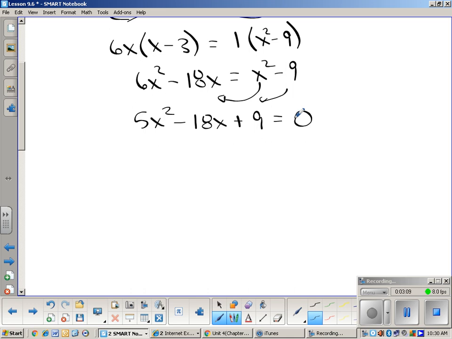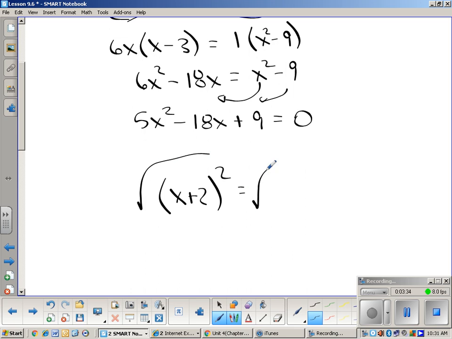Now, how do we solve quadratics? Well, we can graph, we can factor, we can use the quadratic formula, right? We can use square roots if we have something squared. If I had a perfect square, like x plus 2 squared, then we could square root both sides, right?